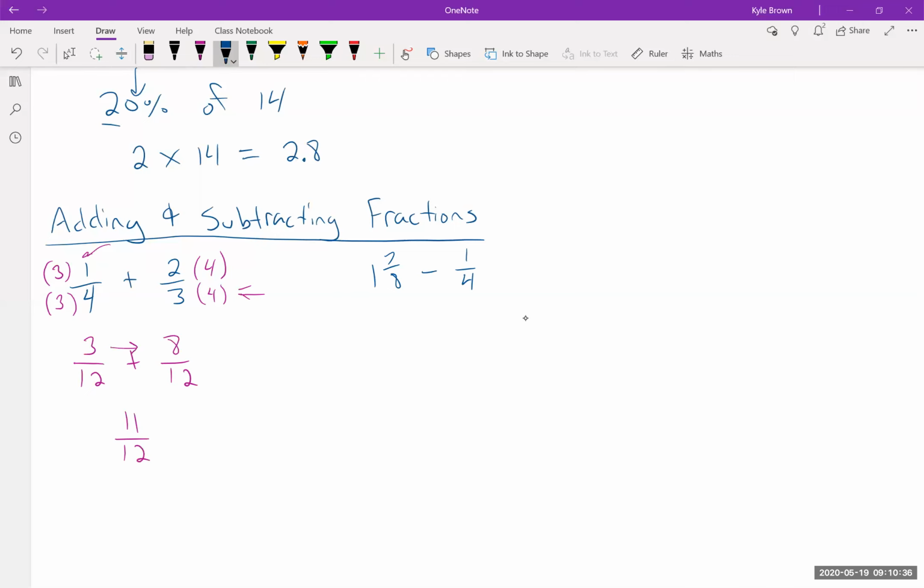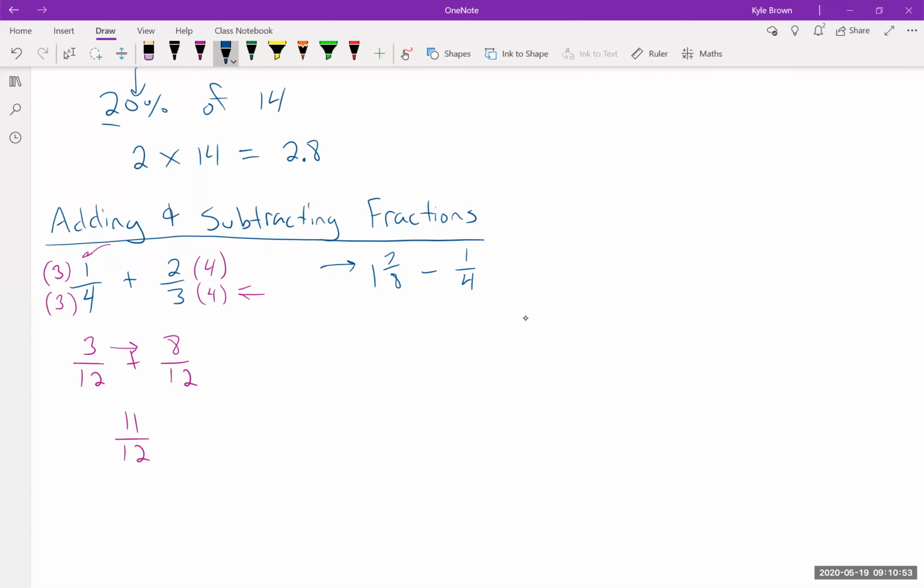The way I'd like to do these, you can split it up into pieces. I'll just take the 1 and leave it by itself, and say 7/8 minus a quarter. I could do that. The way I like to do it, though, is to change this into an improper fraction right off the bat.